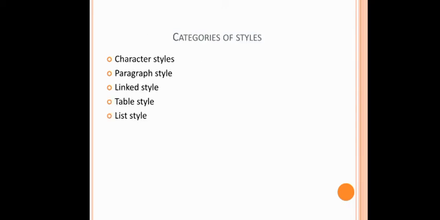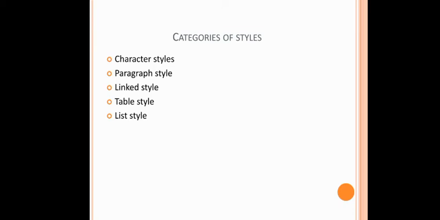Now, categories of styles. There are different categories of styles, like character styles, which contain the formatting only for characters. Second is paragraph style, which contains your formatting for a paragraph, like line spacing, indentation, margin, and tabs.